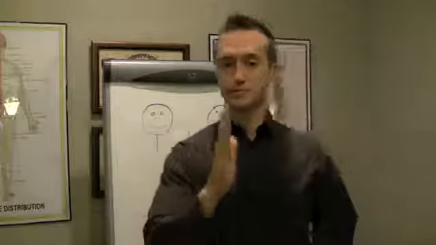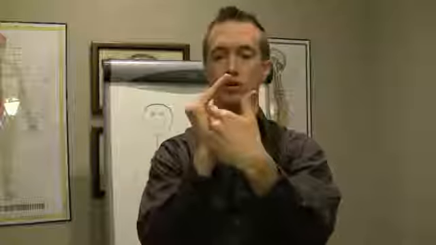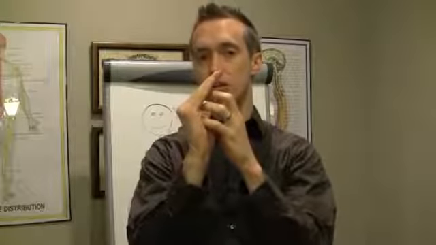Typically what will happen is, this is what's ideal, if it shifts off to the side like this, as gravity compresses down on that, there will be more compression on the inside of that curve versus the outside. There's more of a stretch on the outside of that curve. So there's a different load from the inside to the outside of that curve. Your body's going to respond to that, and it's going to start to put more calcium on the inside of that curvature. Over time, you can actually start to develop arthritis and degeneration.